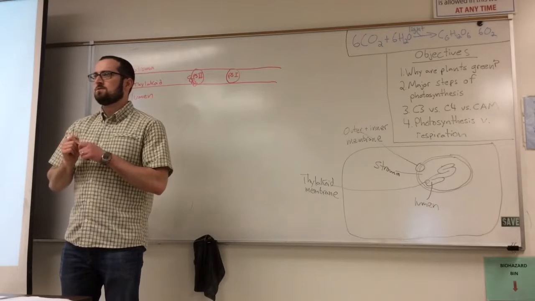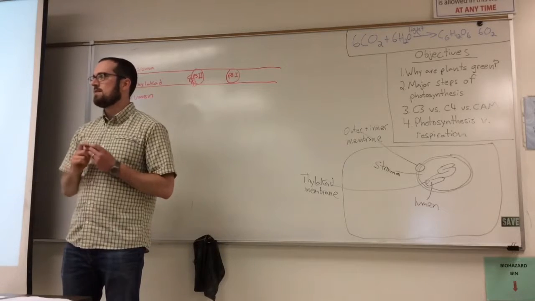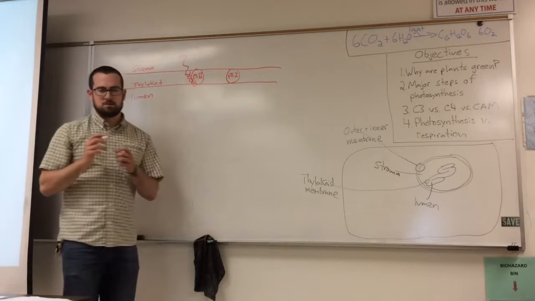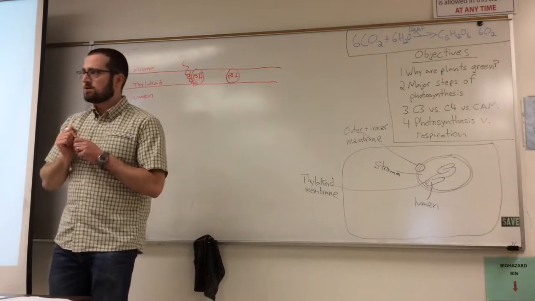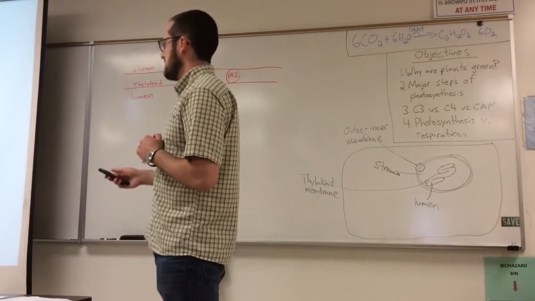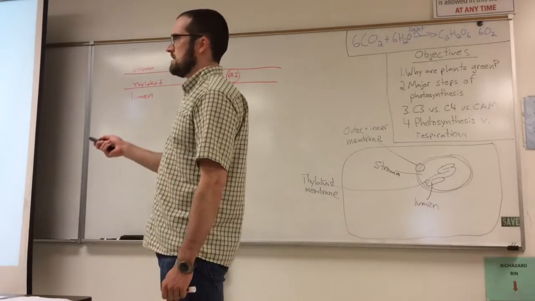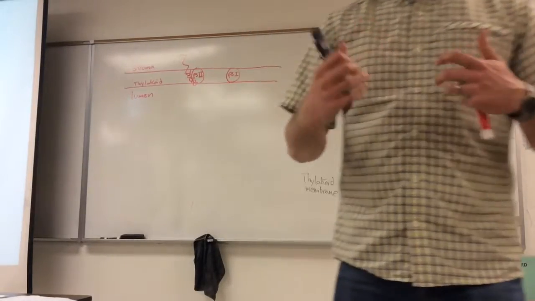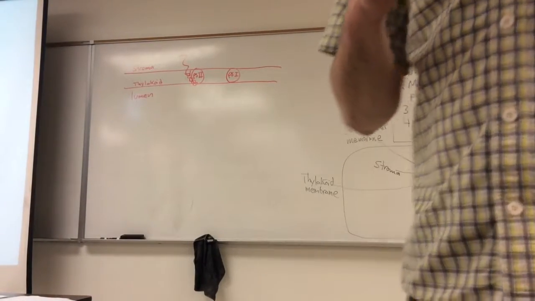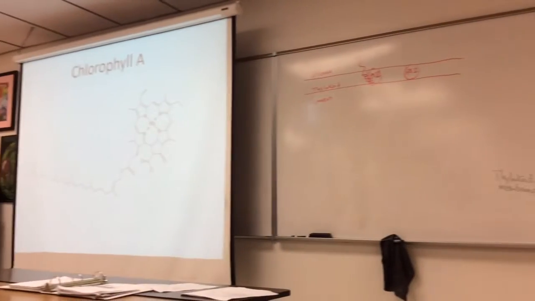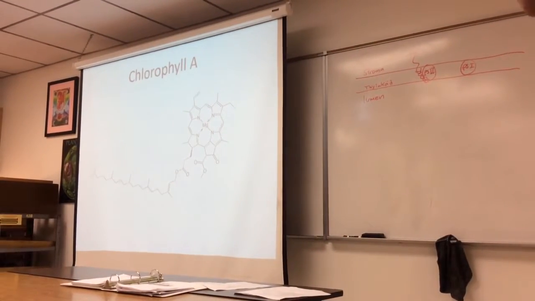And so what happens when a photon of light in that visible spectrum comes in and hits one of these pigments is that an electron in the chlorophyll, specifically in this ring here, is going to be excited. Not excited because it's part of an awesome process, but actually chemically excited. It's going to move from its normal orbital up to a higher orbital. And so that's unstable.